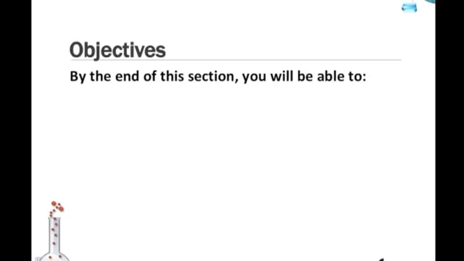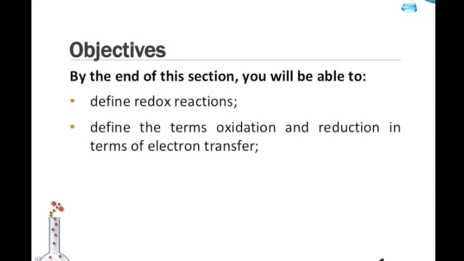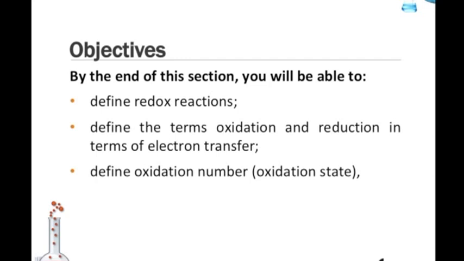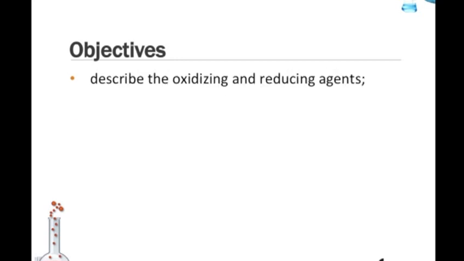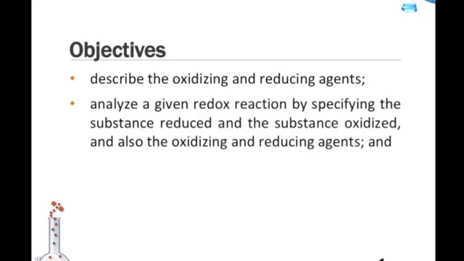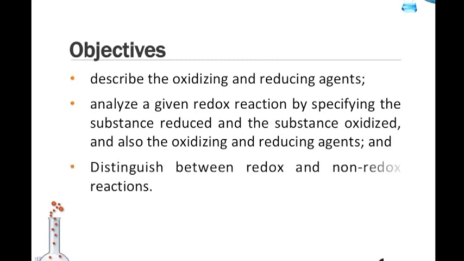By the end of this section, you will be able to define redox reactions, define the terms oxidation and reduction in terms of electron transfer, define oxidation number or oxidation state, state oxidation number rules, determine the oxidation number of an element in a given formula, describe the oxidizing and reducing agents, analyze a given redox reaction by specifying the substance reduced and the substance oxidized, and also the oxidizing and reducing agents, and distinguish between redox and non-redox reactions.